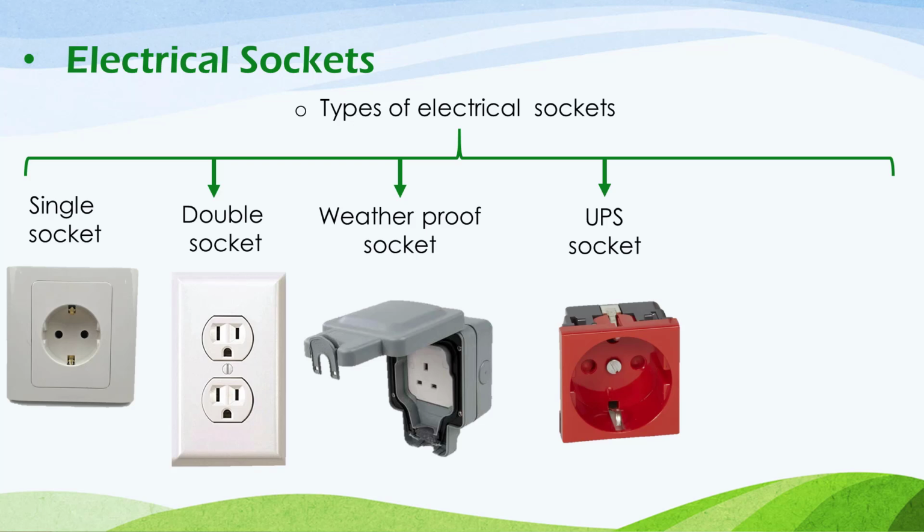The UPS applications are the applications at which we have two different sources feeding the electrical load in parallel. Those two different sources are the main source or the ordinary source, which is the electrical utility, and the second one is the UPS, which is the abbreviation of the uninterruptible power supply.